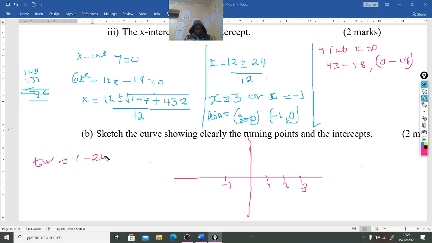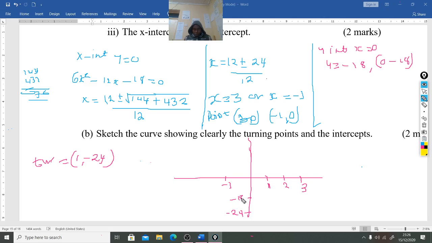I need to know all these points because I use them. At the longest here it will be -24. That is my y. I know there is a -18 somewhere, then I know there is a 1. Good, now I have all the points.